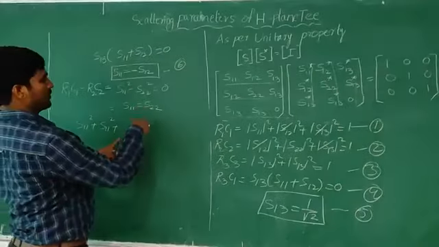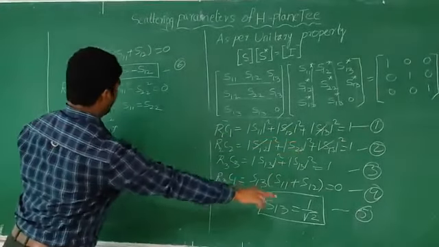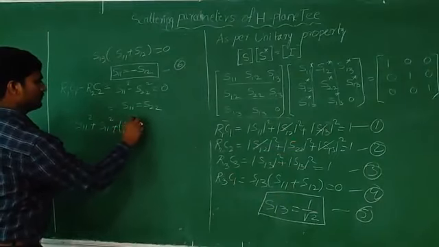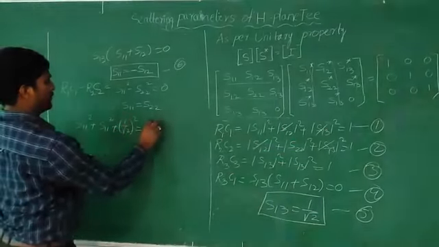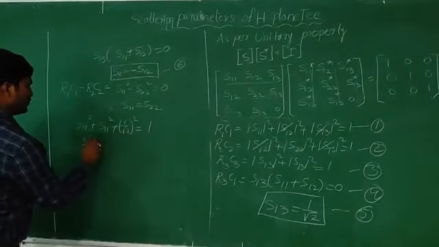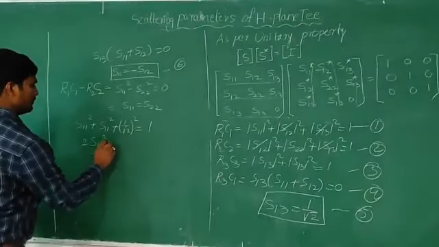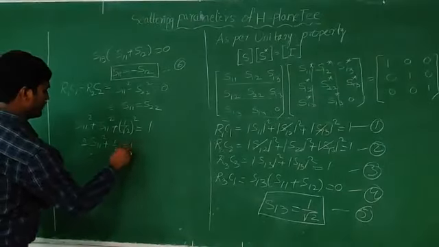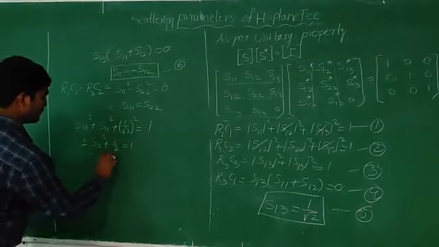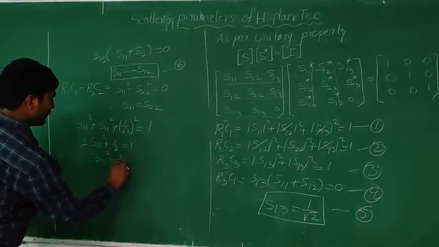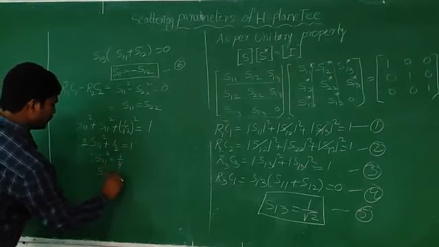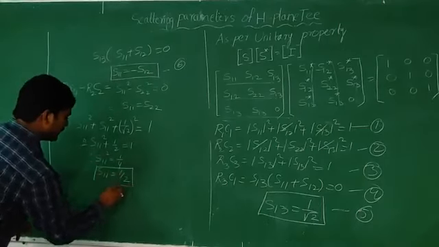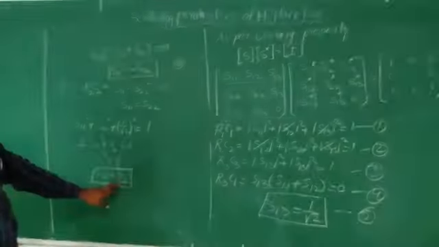Here the S13 value is 1 by root 2. This is S11 squared plus 1 by 2. So S11 squared equals 1 by 4, S11 equals 1 by 2. Now we got S11 is equal to 1 by 2.